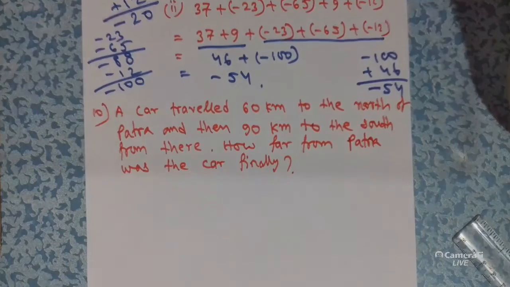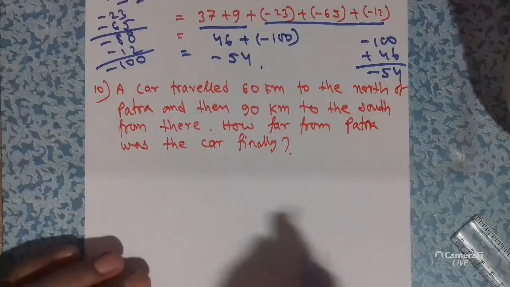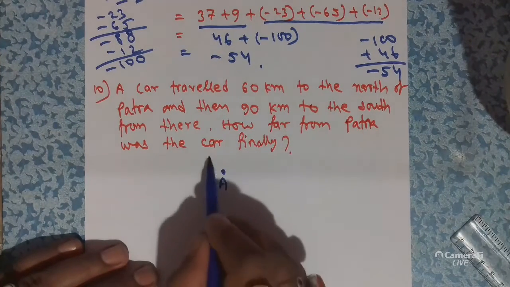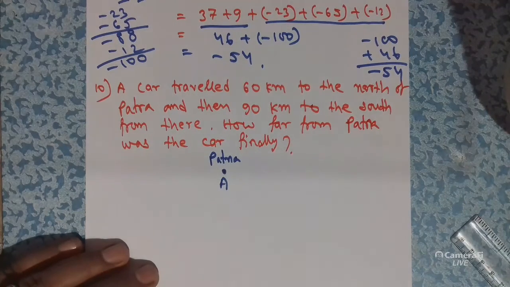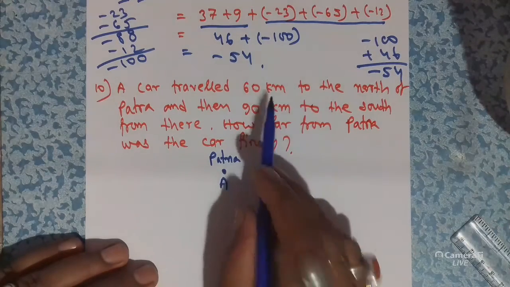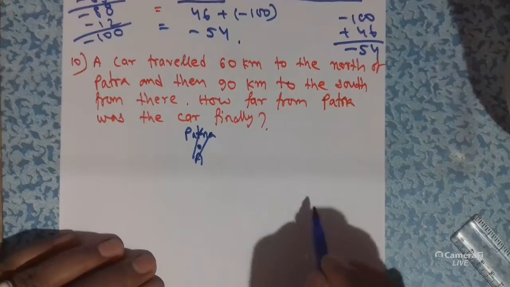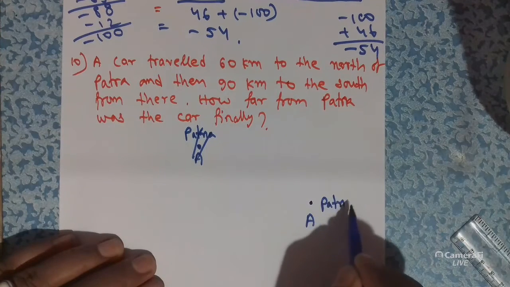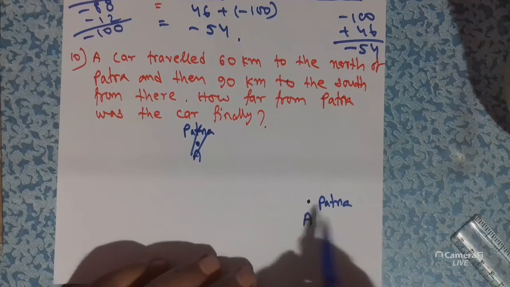Okay. So to solve it, students, be concentrated. Suppose this is my position A and it is Patna. So right now I am in Patna. This is my initial position.